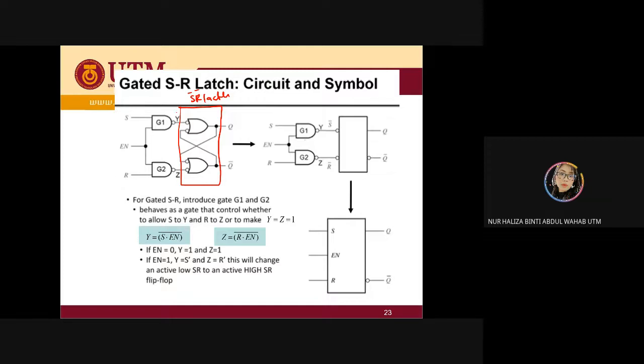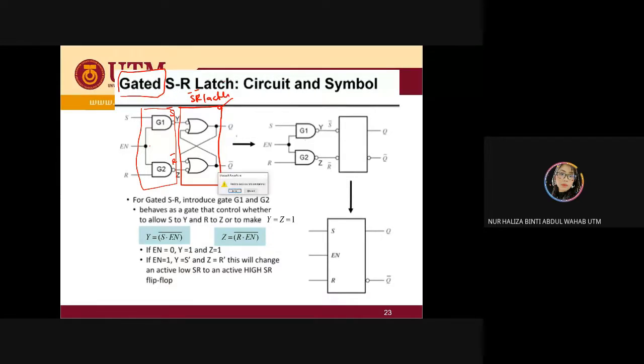So this is your input of S bar, R bar. With the addition of this extra circuit, you combine this with your SR latch, the S bar, R bar latch, and you get the gated SR latch.